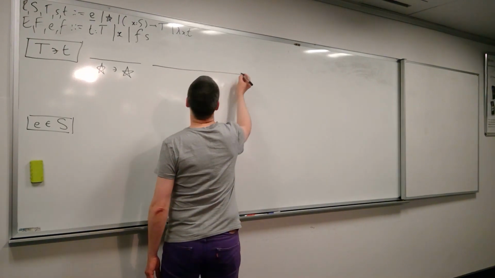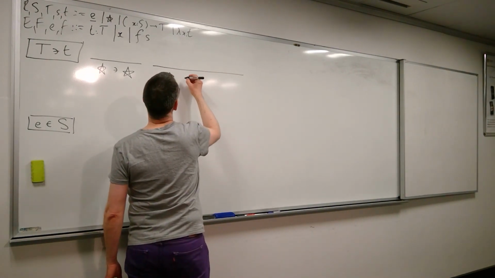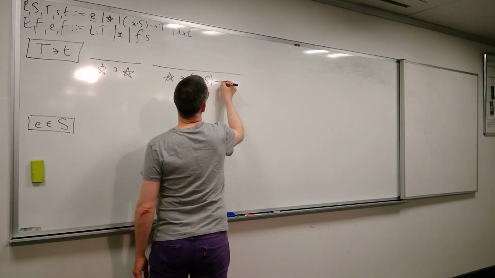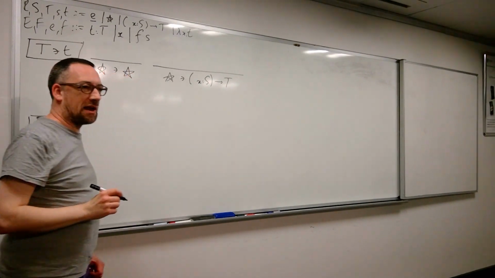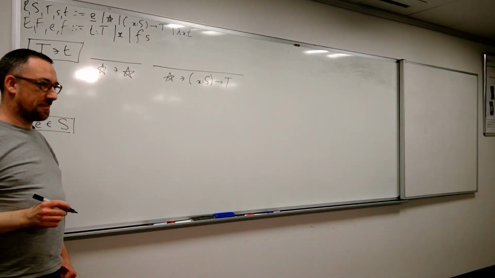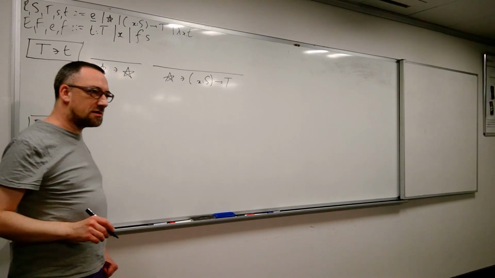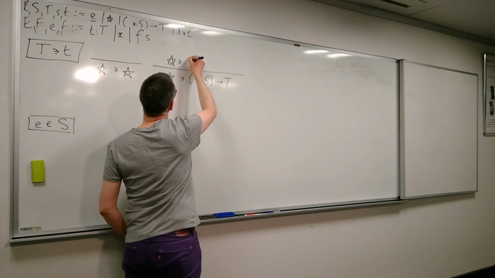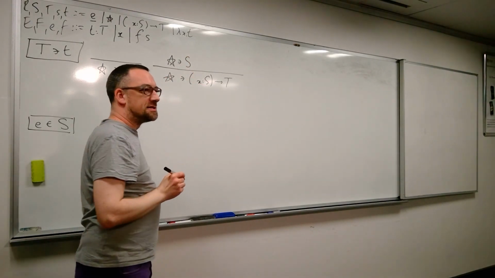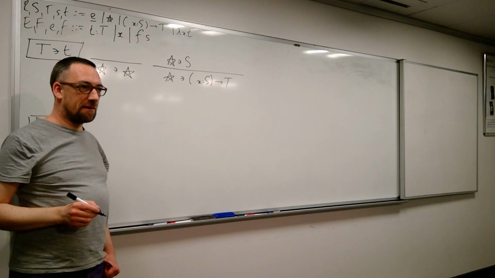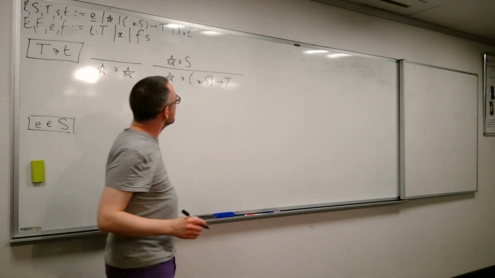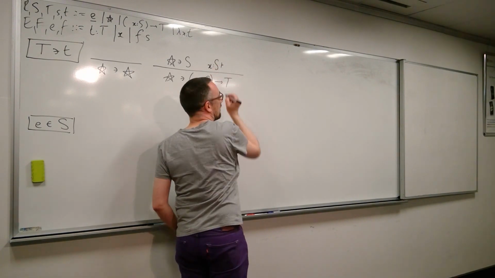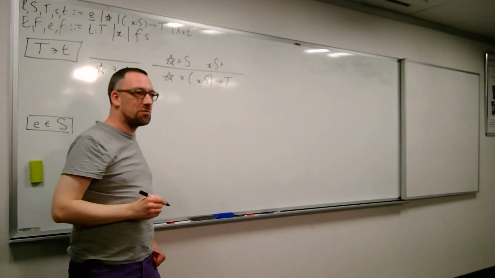Okay, and then we can ask, how do we check that this is a valid function type? Well, we have to do it in a very particular order. We must first check that the domain is a valid type, and once we know that the domain is a valid type, we may consider a hypothetical element of that type, and not before.